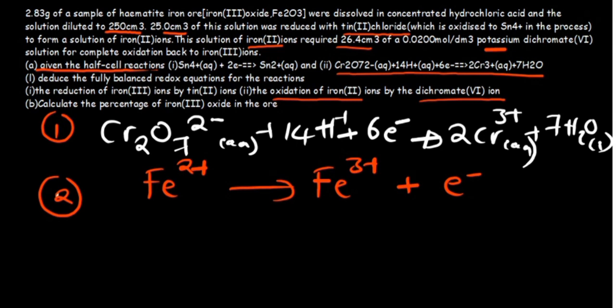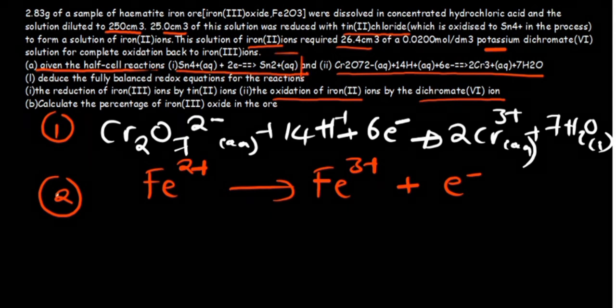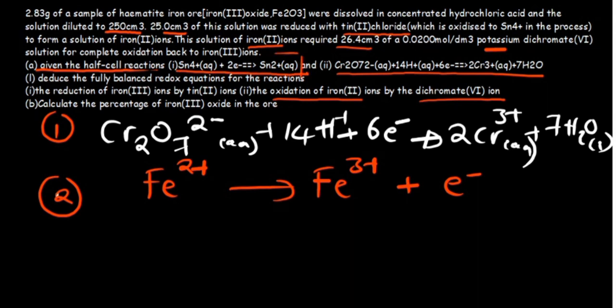It's you being able to identify that. In the first case, we had to reverse it because it involved the reduction of iron 3 ions. But in this case, it's going to be the way it is because we've been told that we are looking at the oxidation of the iron 2. So this is the way oxidation is coming.